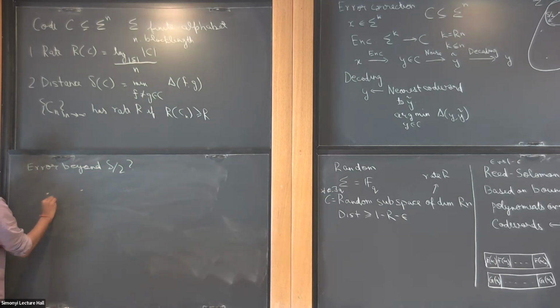First of all, if two code words, let's say F1, F2, are separated by delta, then hoping to correct more than delta over two errors is in some sense hopeless, because we can look at the corruption such that there is a string sitting exactly between them. And then which one do we answer? We are only supposed to look at the corrupted thing.